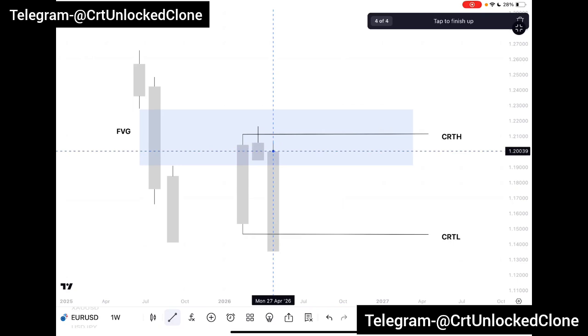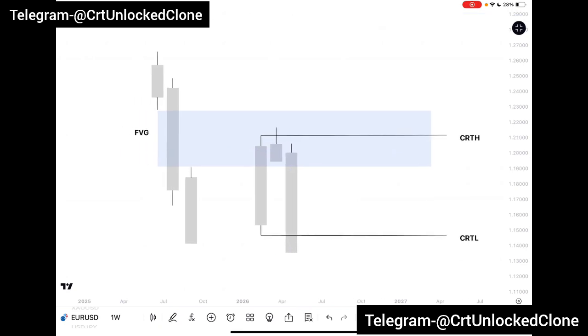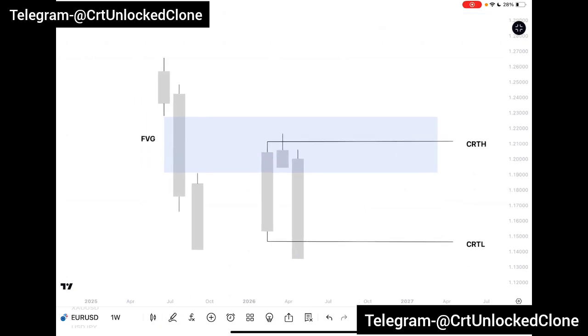So now, if you're sleeping, just wake up and listen carefully to what I'm going to say, because it's very important. The blue color box which I have drawn, this whole area, is our FVG, which means fair value gap. The CRT candle which has formed is inside our FVG and has not gone outside.